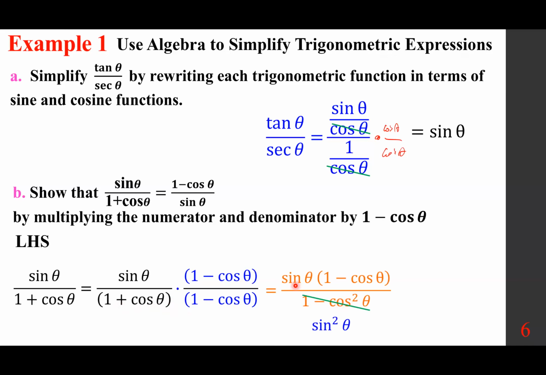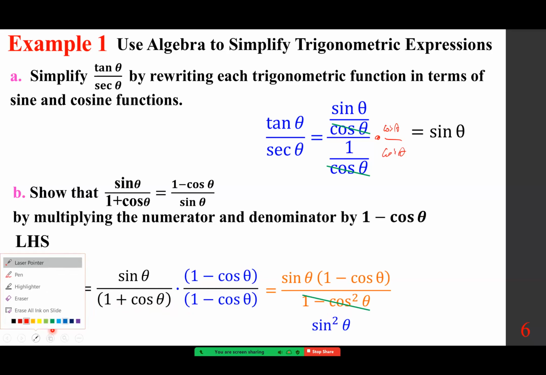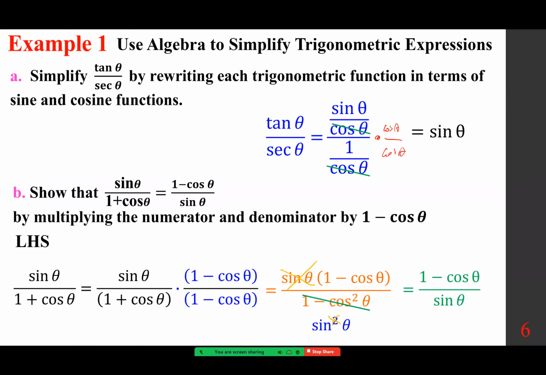So this goes away, and this, you drop the exponent. So we can say this goes away, the exponent goes away, and as you can see, this is the right hand side.